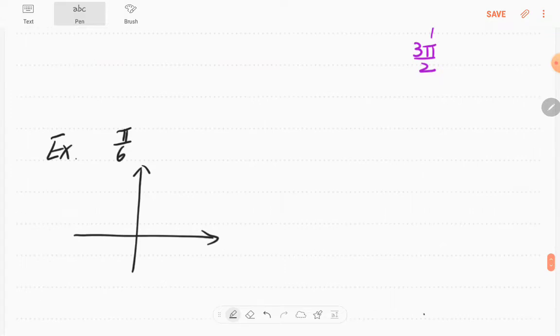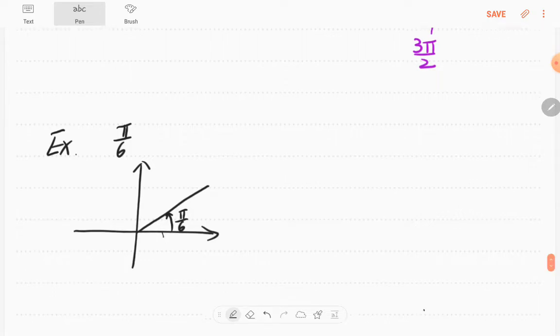So pi over 6 is less than half of the 1/4, so it looks like this one. It's positive, so this would be pi over 6.